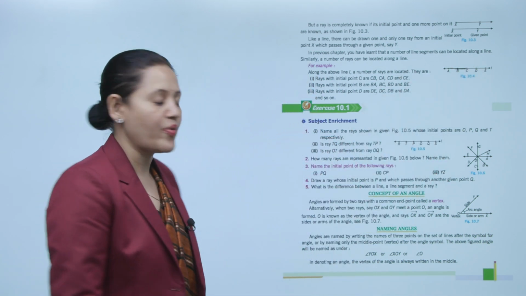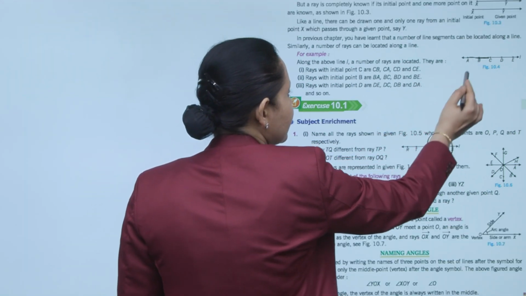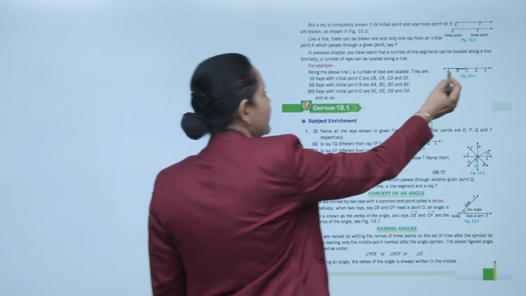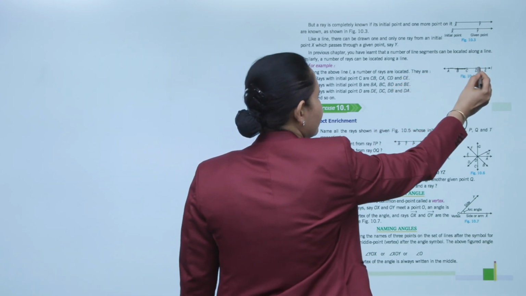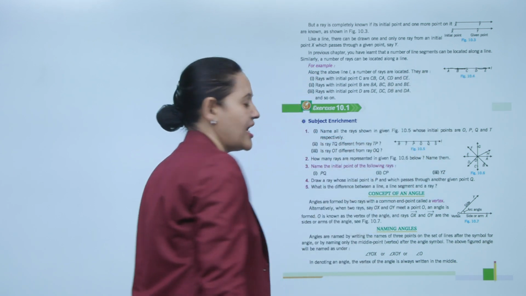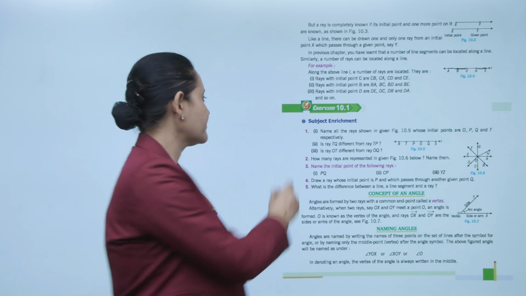Rays with the initial point B: BA, BC, BD, BE. Rays with the initial point D, that is DE, DC, DB, DA and so on. Clear? Next is exercise 10.1.